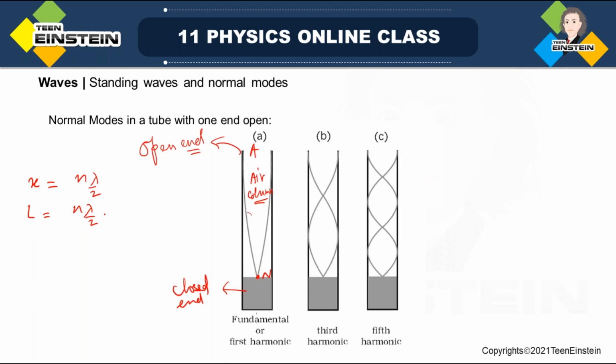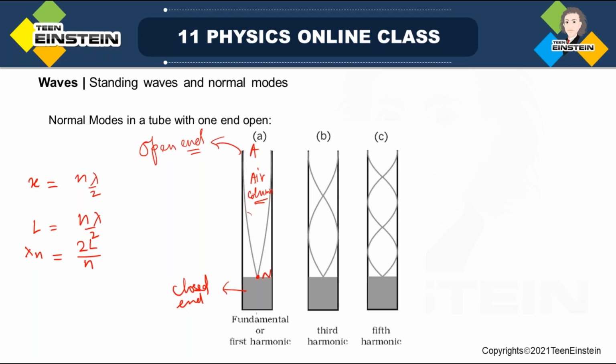Similarly we will get the condition for antinodes also. So the positions of the nodes will be given by L is equal to n lambda by 2. This is the condition. So what is the possible wavelength which will be produced here?